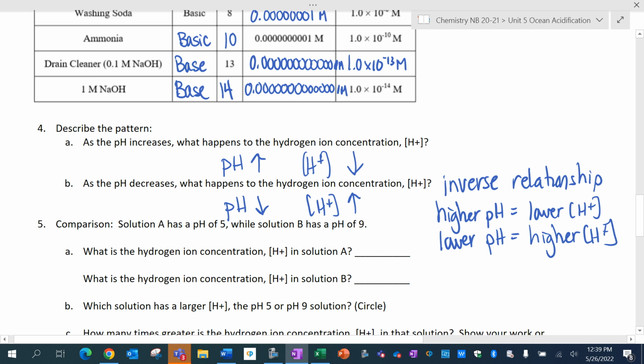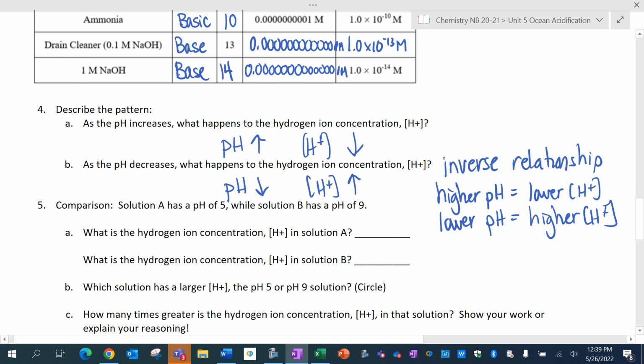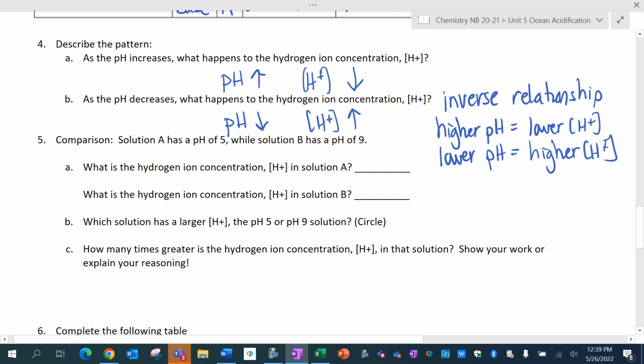All right, so let's think about making some comparison statements. Let's say you have two solutions, one with a pH of 5 and one with a pH of 9. Think about those patterns that we just talked about. Solution A, if it has a pH of 5, that means its hydrogen concentration is 1 times 10 to the negative 5th. Solution B has a pH of 9. That means its concentration is 1 times 10 to the negative 9.